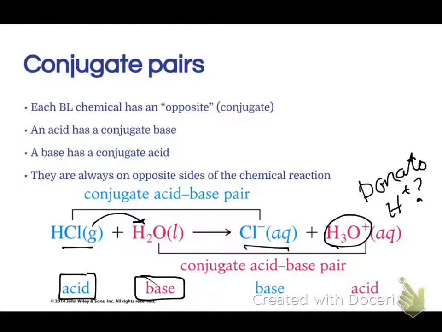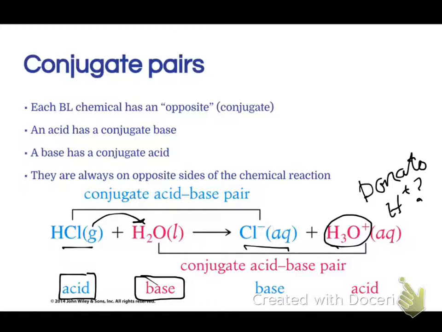So to assign the conjugate pairs, what we do is after identifying acid and base for each side, we connect them. The acid on the reactant side matches the base on the product side. And you can think of it like the difference from the acid to get to the conjugate base: you just lose a hydrogen.